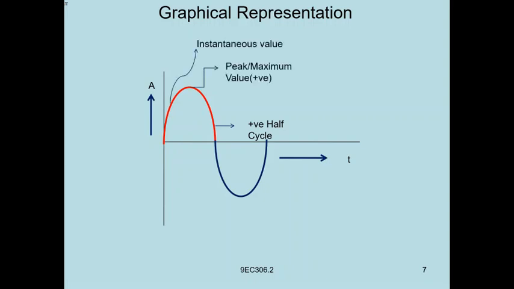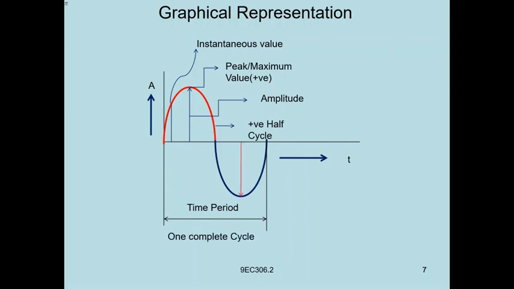See here, that is the instantaneous value of the sine wave, and that is the peak value or maximum value, that is Im. This one is the instantaneous value. And that peak value is also called amplitude. And the total time period for completing one cycle is 0 to T, and this is the negative half cycle.